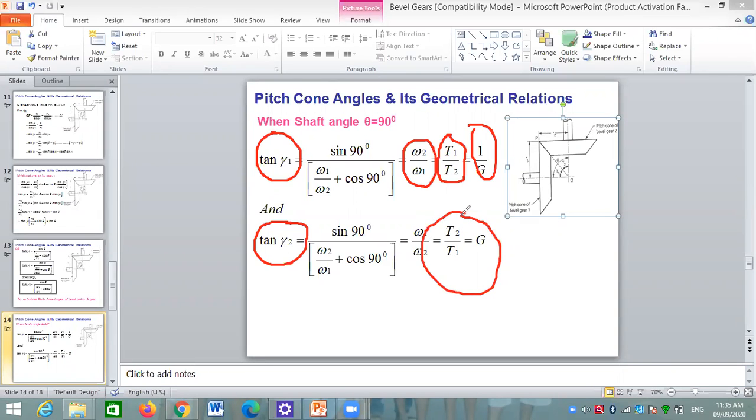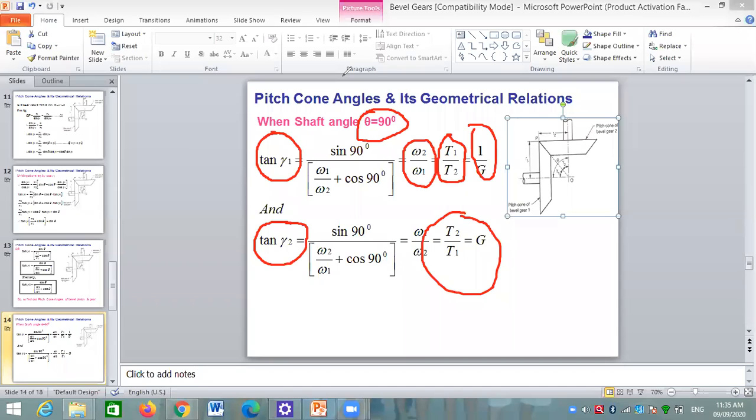These are the two most important formulae related to the bevel gear. When we have to find out the pitch cone angle for a gear or pitch cone angle for a pinion, we need to use these formulae. Only remember that when shaft angle is 90 degree, then these formulae are true.